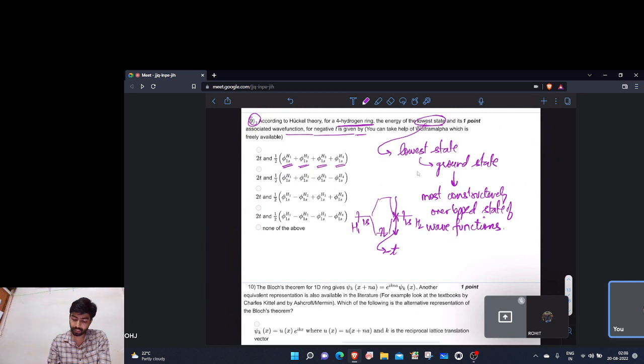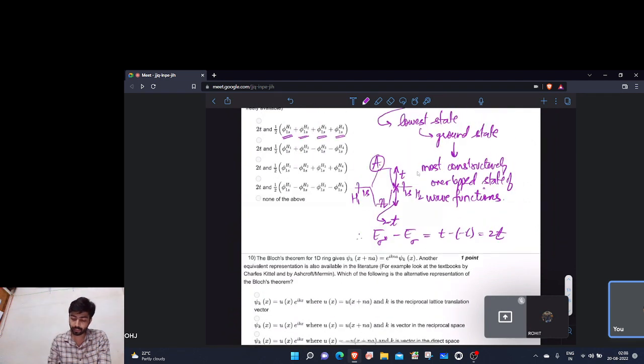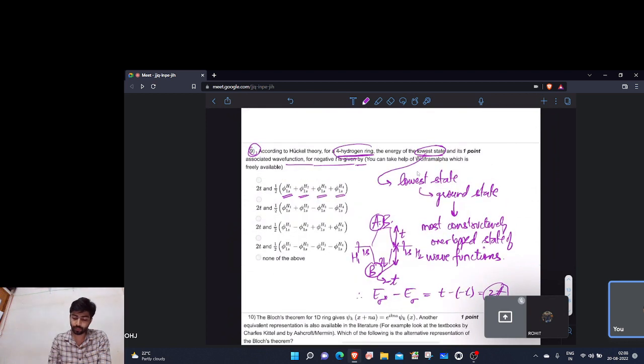And there also goes a destabilization energy for the anti-bonding orbital, which in this case will be similar to T. Therefore the energy of sigma star minus the energy of sigma would become T minus of T, which is 2T. So the difference between the anti-bonding and bonding is 2T. The same analogy can be extended to a 4 hydrogen ring also, and therefore the energy of the lowest state and its associated function would be 2t, and the wave function would be this.